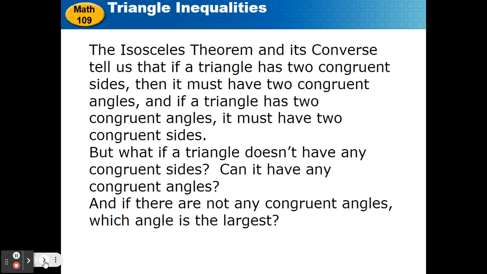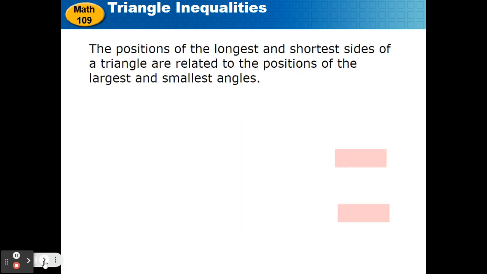So what happens if a triangle doesn't have any congruent sides? Can it have any congruent angles? Well, we know that all equilateral triangles are equiangular, and it would seem that if a triangle is scalene, it would have all different angle measures. So if there's not any congruent angles, how can we figure out which angle is the largest?